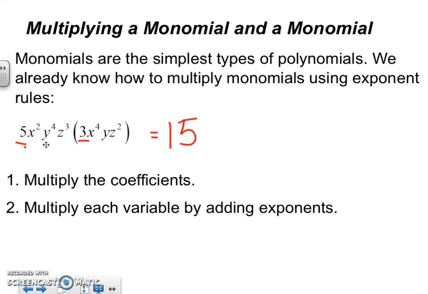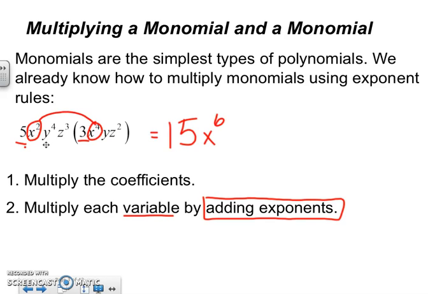Once you've done that, you are going to multiply each variable by adding the exponents. So I'm going to multiply x squared times x to the 4th. I'm going to add 2 plus 4 to get 6, because you add those numbers. Same thing, y to the 4th and y: if there's no exponent there, we know it's an assumed 1.